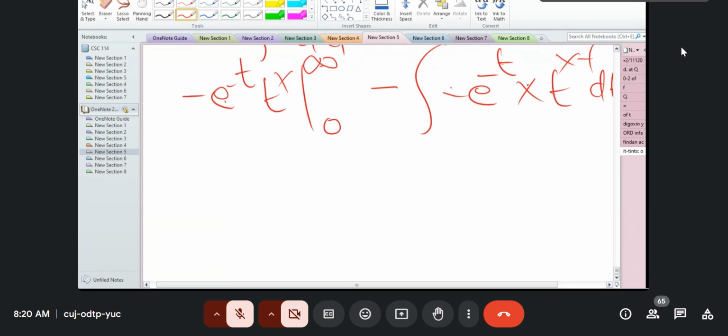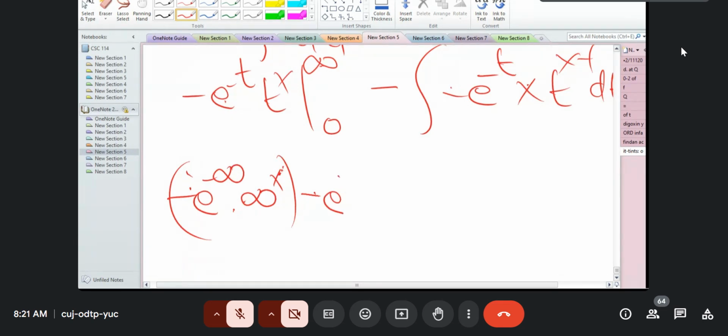If we evaluate minus e to the minus t times t to the power x between 0 and infinity, we'll have minus e raised to minus infinity times infinity to the power x, minus 0 times 0 raised to power x.